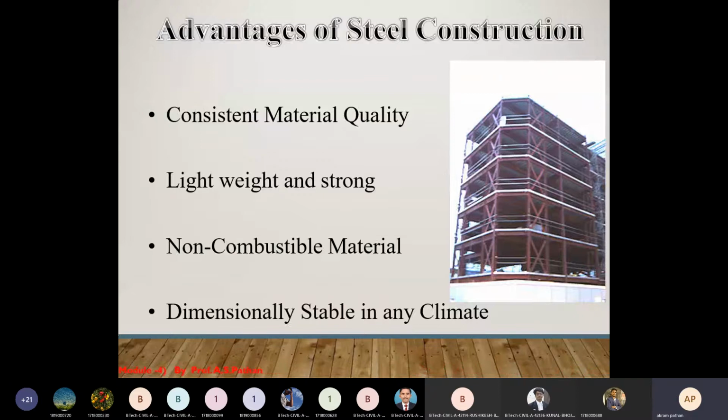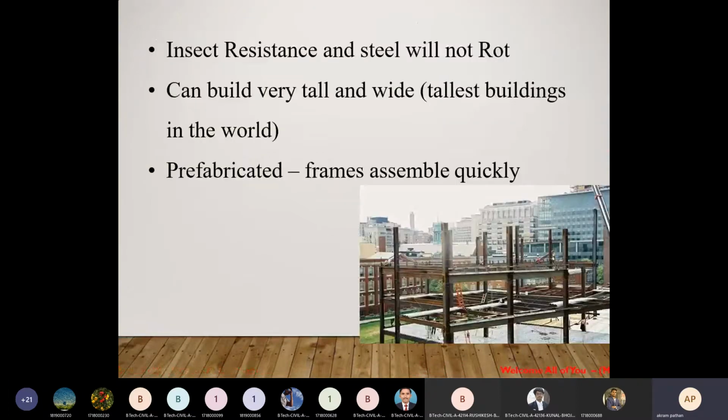Now, insect resistance: steel will not rot, so there will not be any effect of insects. Then you can build very tall and wide; the tallest building in the world is constructed with the help of such steel structure. Certain bridges and flyovers are also constructed with the help of steel.